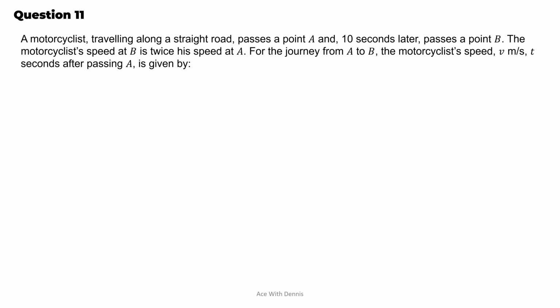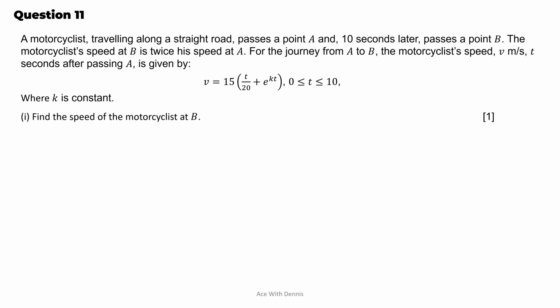Question 11. A motorcyclist traveling along a straight road passes a point A and 10 seconds later passes a point B. The motorcyclist's speed at B is twice his speed at A. For the journey from A to B, the motorcyclist's speed v meters per second, t seconds after passing A, is given by v equals 15 bracket t over 20 plus e to the power of kt, from time 0 to 10, where k is a constant. 1.